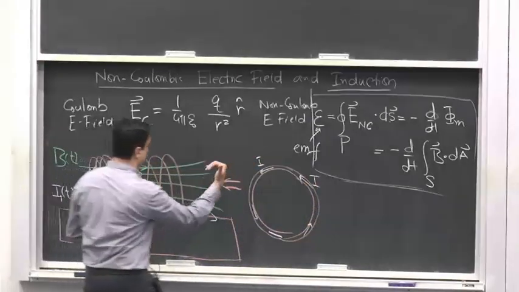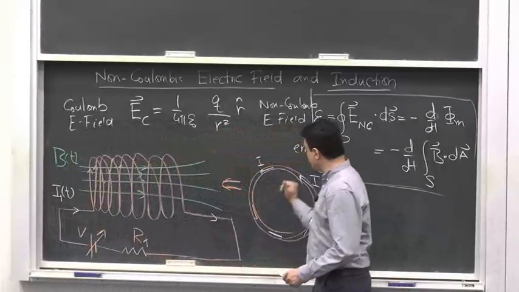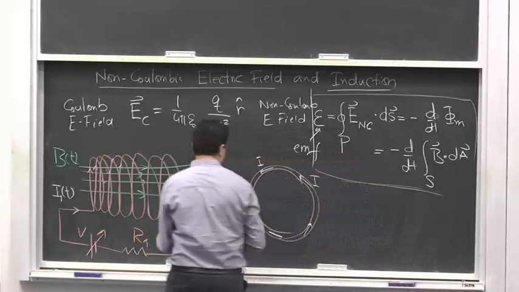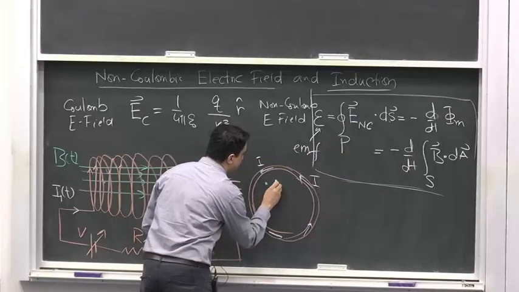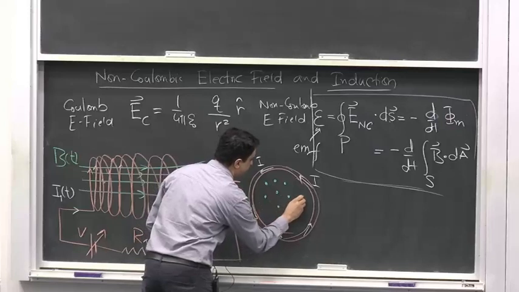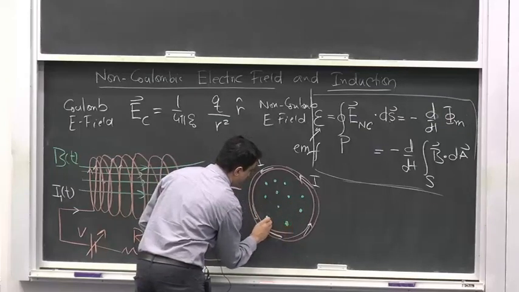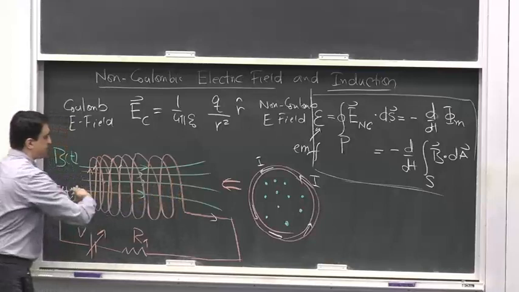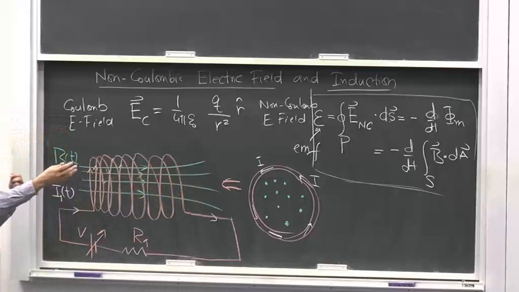So the magnetic field is towards me, or out of the board. So the magnetic field lines would be coming out. I'm assuming that the solenoid is infinitely long or long enough.